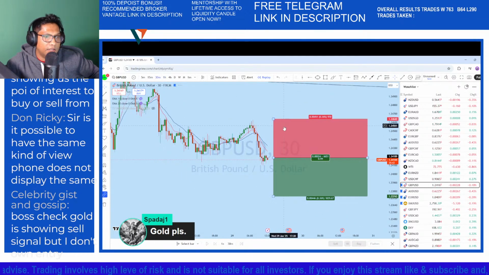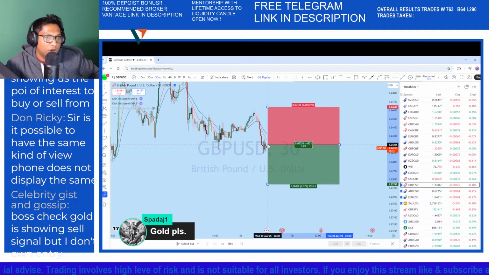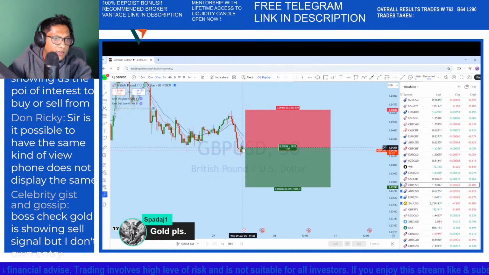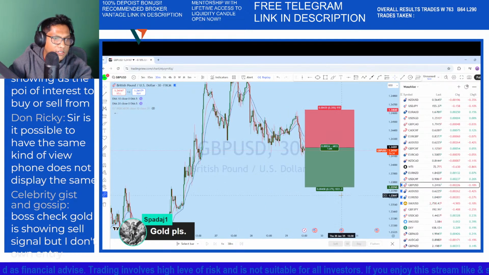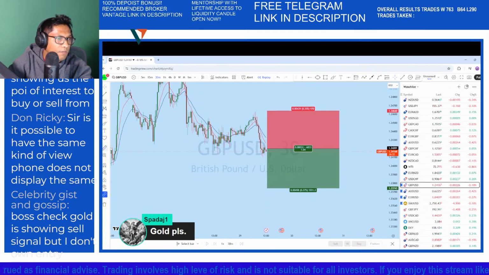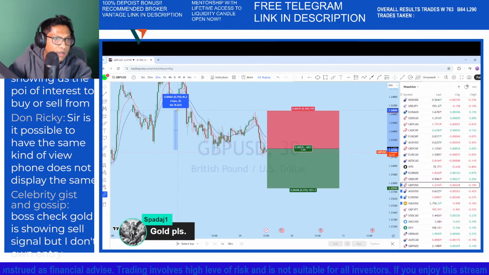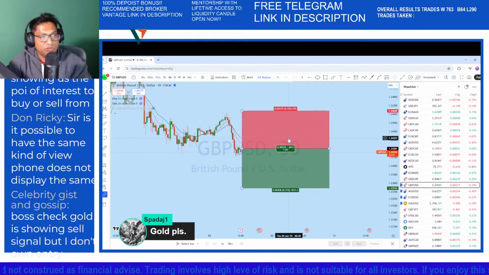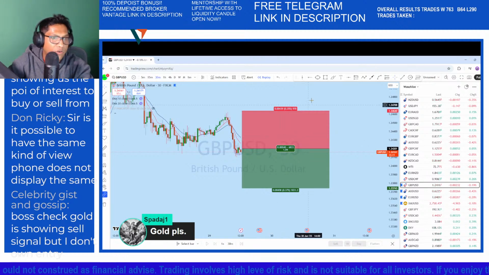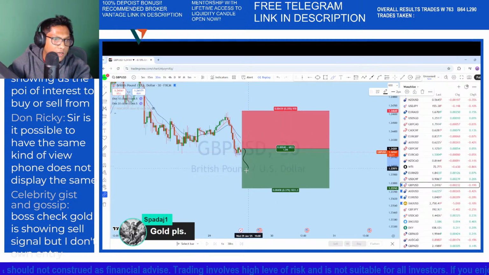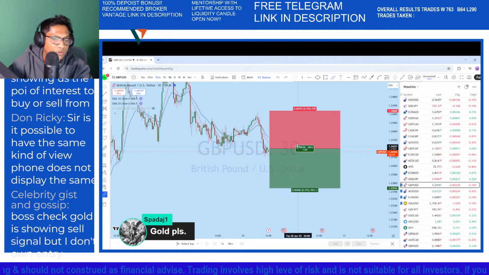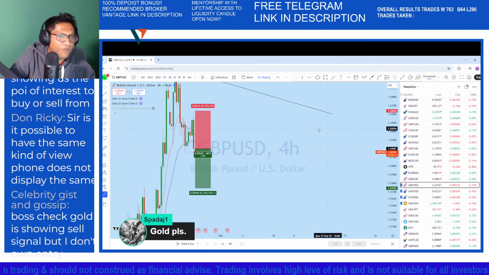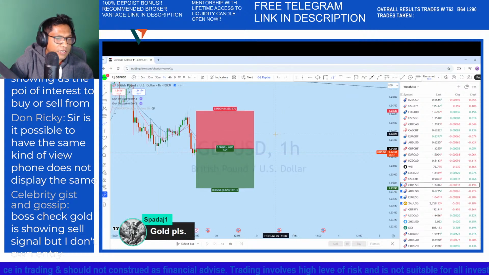So looking at that instrument, British pound US dollar, in that area here, we can see this is a doji, and I think that we might see potentially a bearish pressure on GBPUSD, and with that bearish pressure, we can expect the price to come back to that support level. We'll be waiting for that drop in that area.